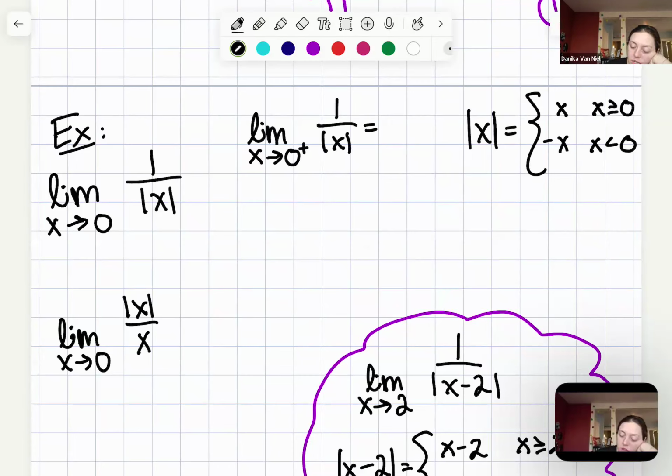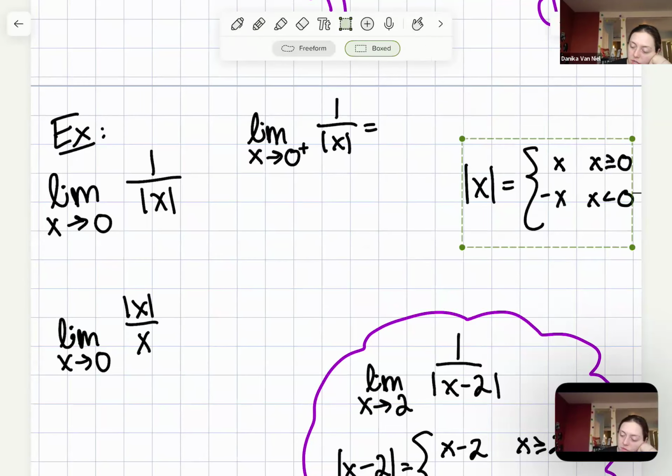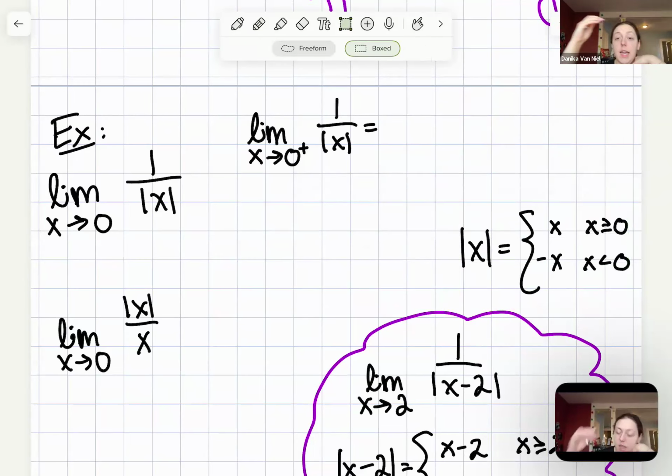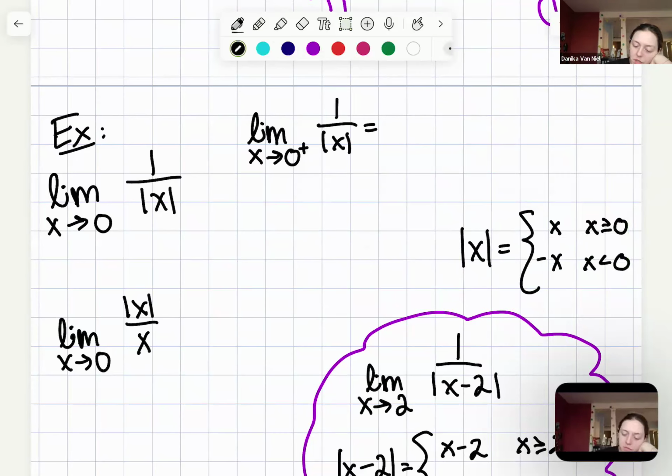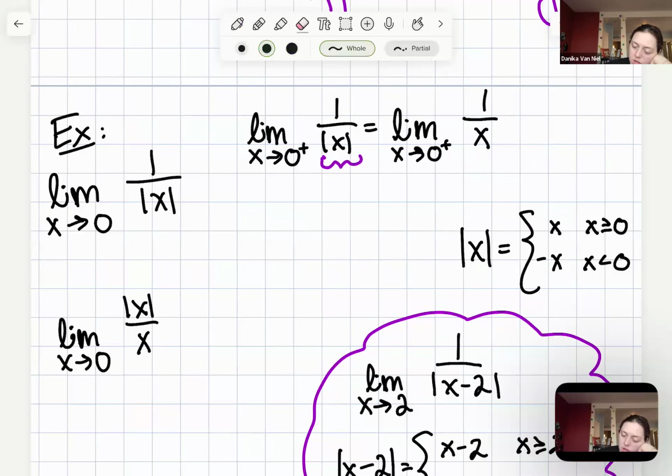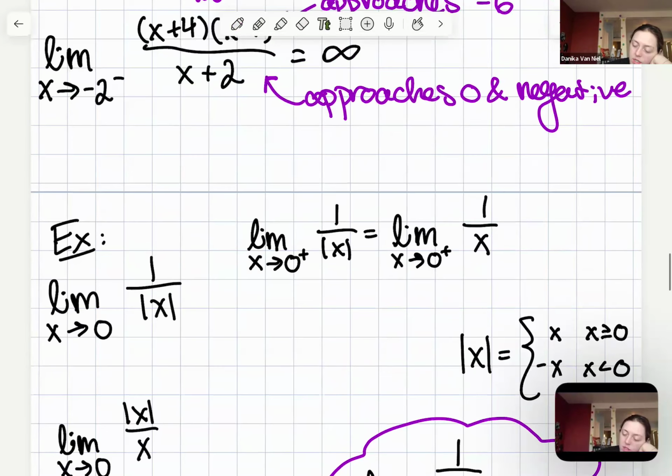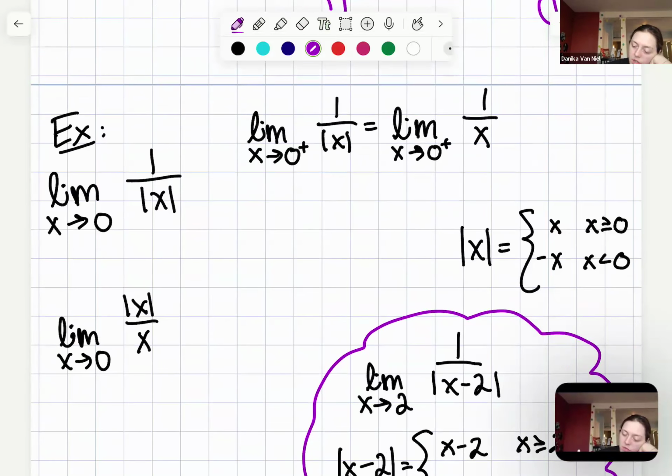And so I know that this is positive, right? As x approaches 0 from the right, I know that that's always positive. So I guess I am using this idea here.